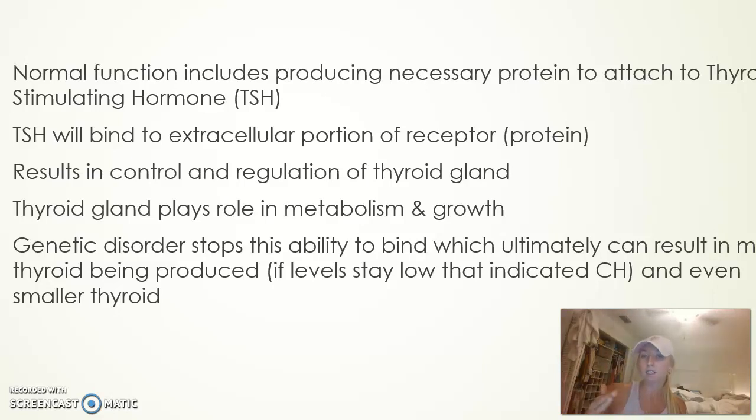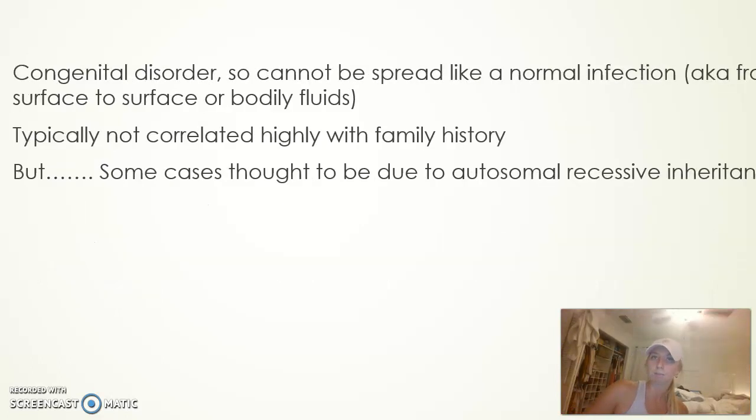However, if not, then even though your body is compensating by making more, you still have low thyroid levels, which indicates you have congenital hypothyroidism. And this can even result in a smaller size of your thyroid, not just less of the hormone but also a smaller gland, which is kind of interesting as well.